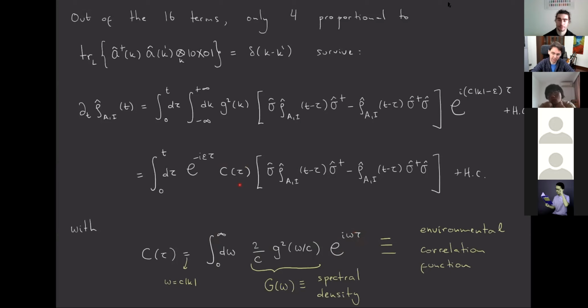Now, when C is the delta function of tau, then you can remove the integral in time, like we have seen before. You can put tau equals 0, and then you end up with the master equation that we discussed already.